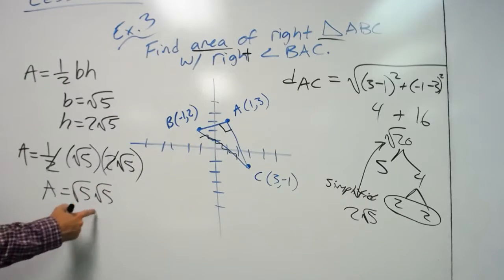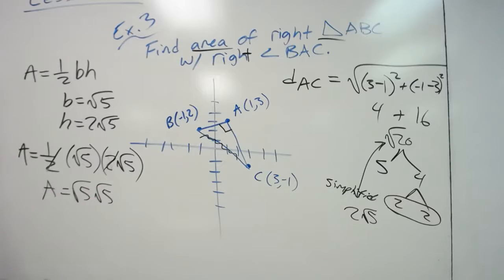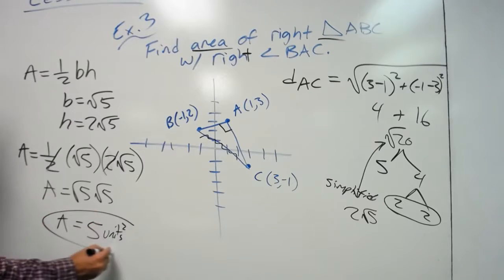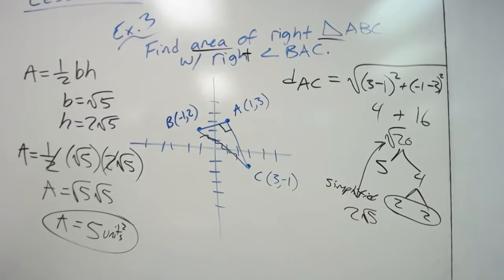Well, we know square root of 5 times square root of 5 is just 5, so 5 units squared for our area. And that's how you do area with coordinates.